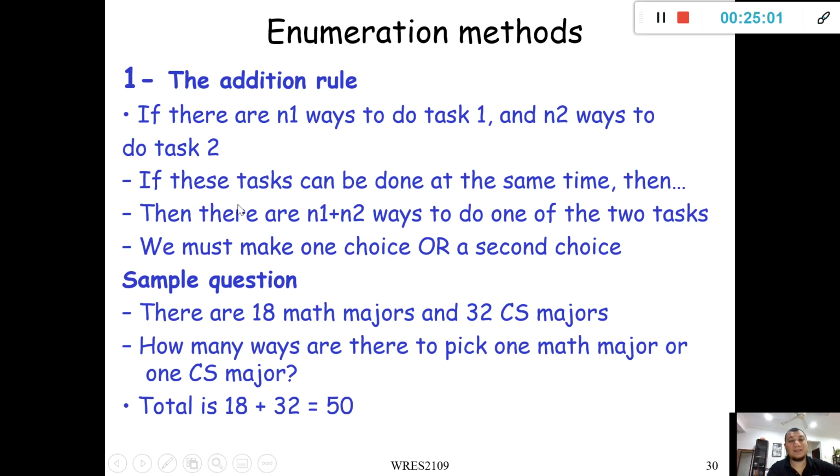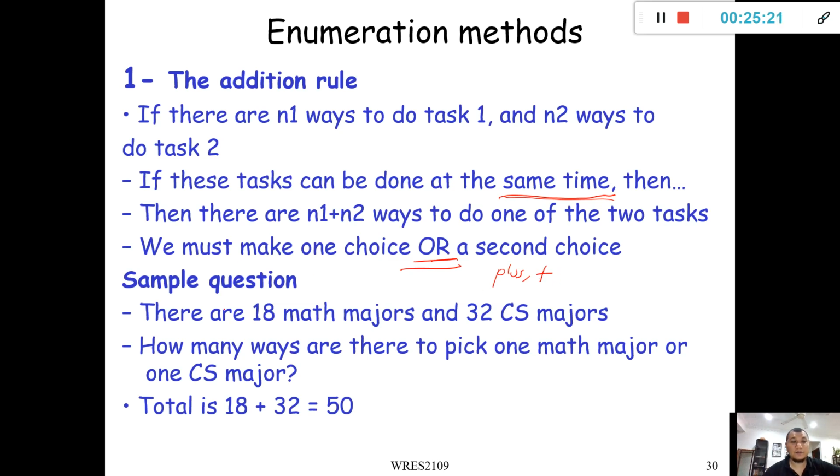Then there are n1 plus n2 ways to do one of these two tasks if the tasks cannot be done at the same time. We must make one choice or a second choice. So the keyword is "or". You can just add.